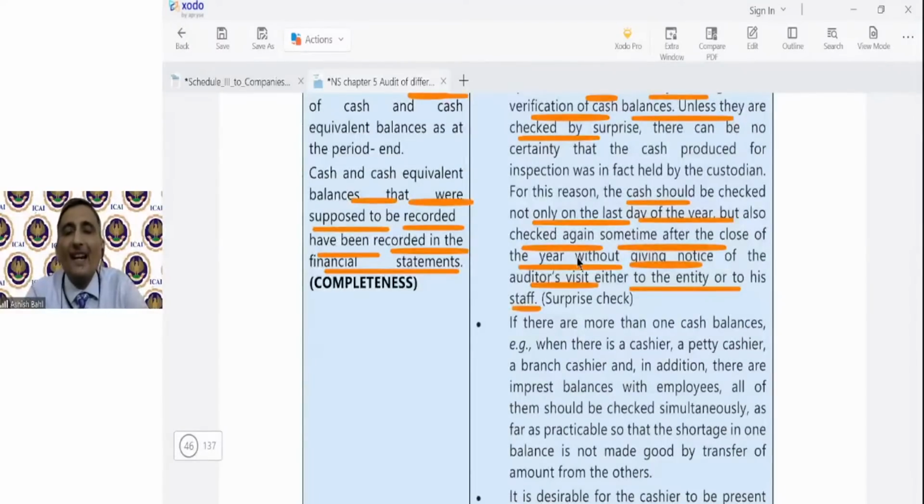So it maintains the surprise element. क्योंकि लास्ट दिन में तो पता ही है कंपनी के स्टाफ को कि ऑडिटर ने कैश बैलेंस वेरीफाई करना है. सो दे वुड टैली ईच पैसा, each rupee completely reconciled with their cash book, with their cash ledger. But if the auditor makes a surprise check after few days, then the staff of the company may be caught off guard. Okay.